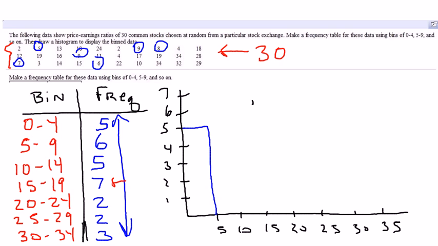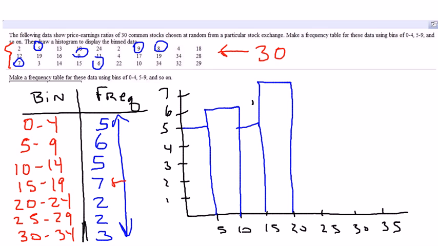The second bin has a frequency of 6. The third has a frequency of 5. The next has a frequency of 7. We see from 20 to 24 it has a frequency of 2. 25 to 29 has a frequency of 2, and then 30 to 34 has a frequency of 3.